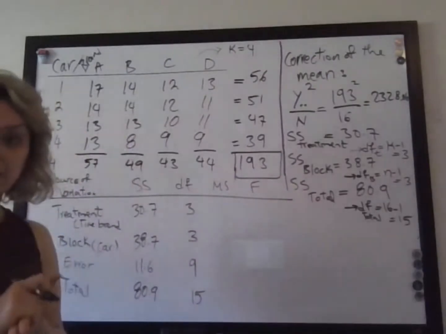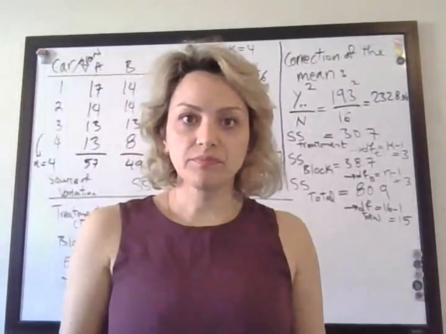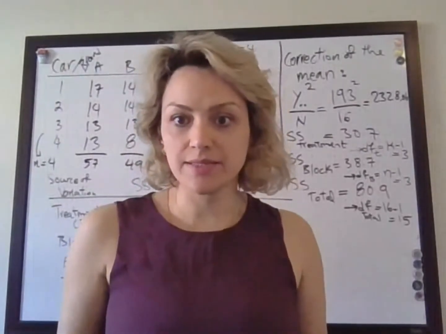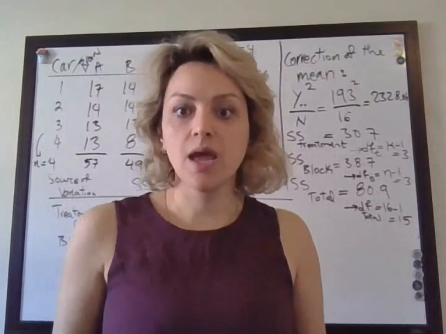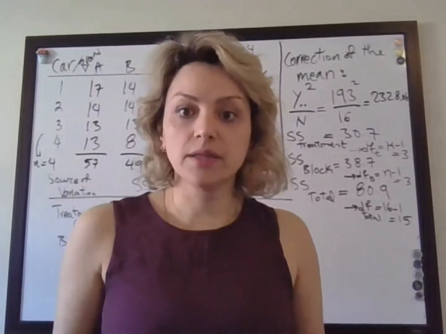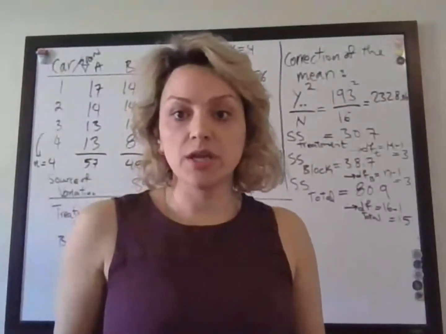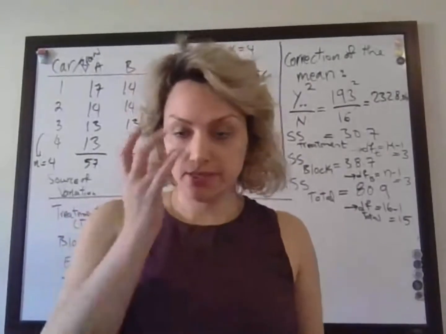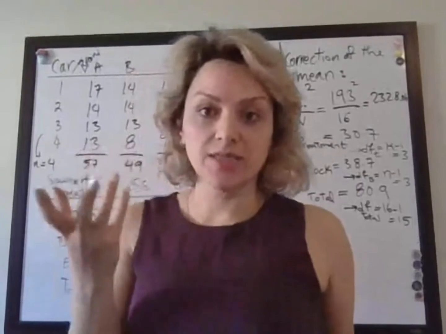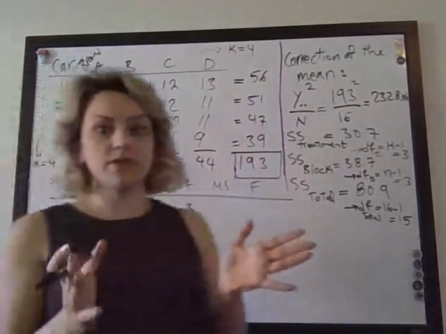The next step is the mean square. So let's look at this equation. We have the sum of squares, and here it is written total minus SS treatment minus SS block, and then we have the degrees of freedom. We write down the degrees of freedom for it. So you can go through this equation. I would suggest that you go conceptually, because when we go with the multi-factor experiment, you will see that the degree of freedom of total is going to be whatever total observations you have minus 1.